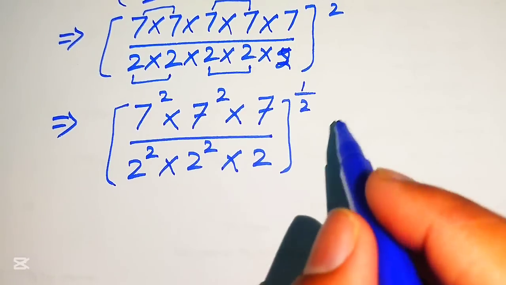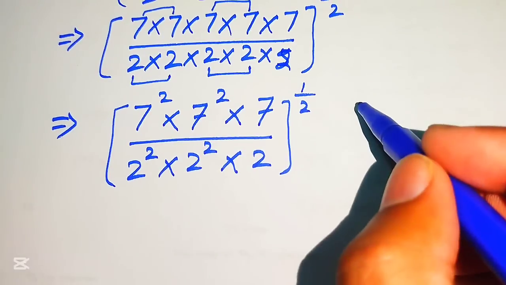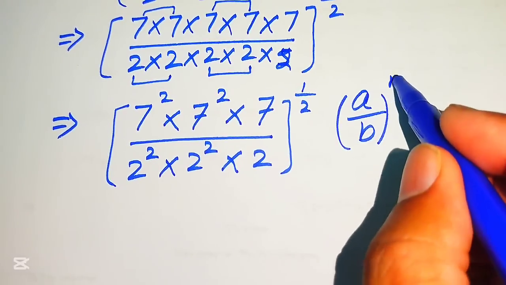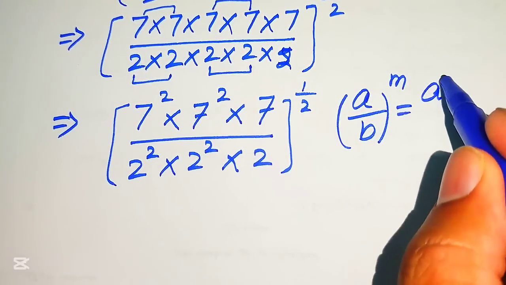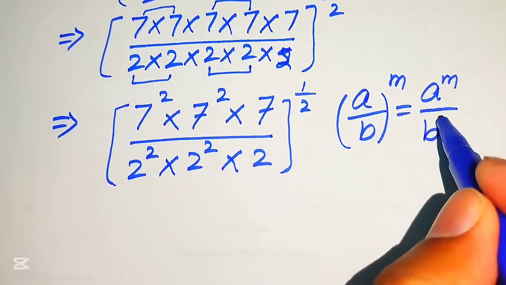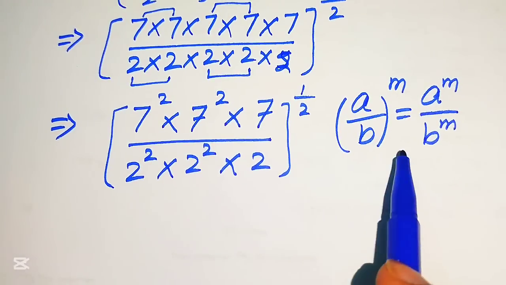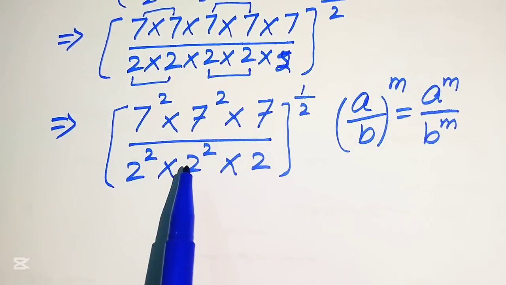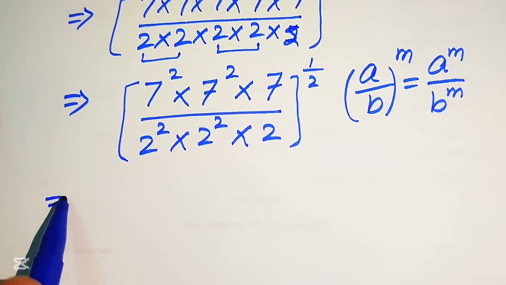And now in the next step we again apply this exponent law: a over b to the power of m equals a to the power of m divided by b to the power of m. According to this we apply this 1 over 2 to the upper as well as the lower terms.